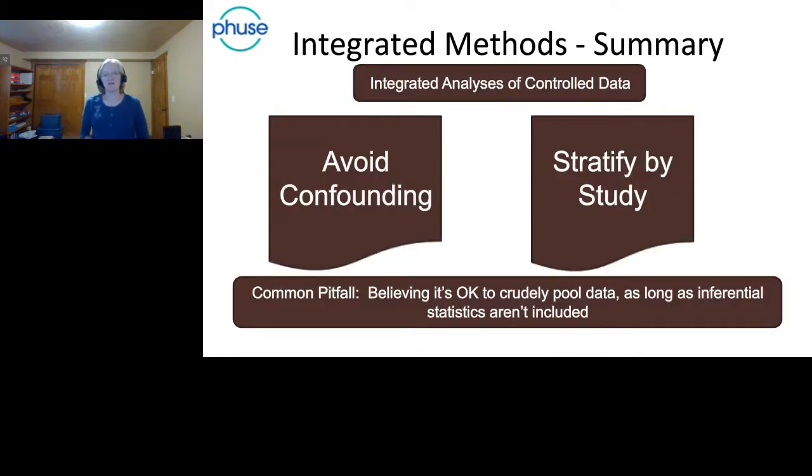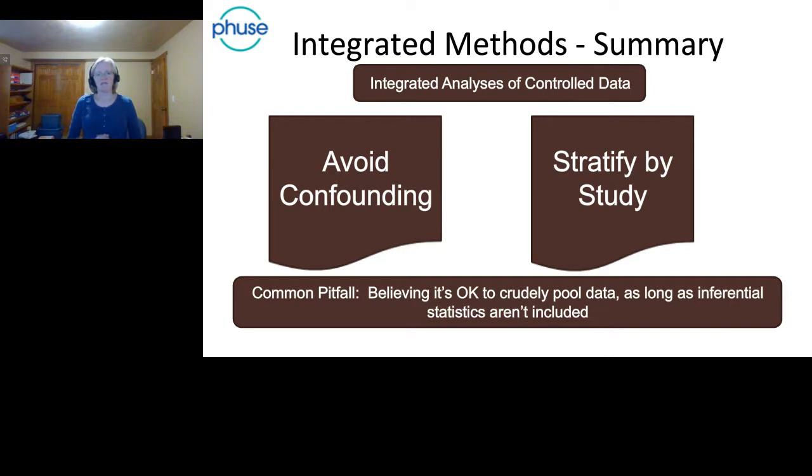So in summary, when it comes to integrated methods, avoid confounding and stratify by study. It is a common pitfall to say it's okay to crudely pool the data, that it's okay that we don't worry about confounding or stratification, as long as we don't have inferential statistics. If we avoid having inferential statistics, it's okay if we confound our data or not stratify our data.